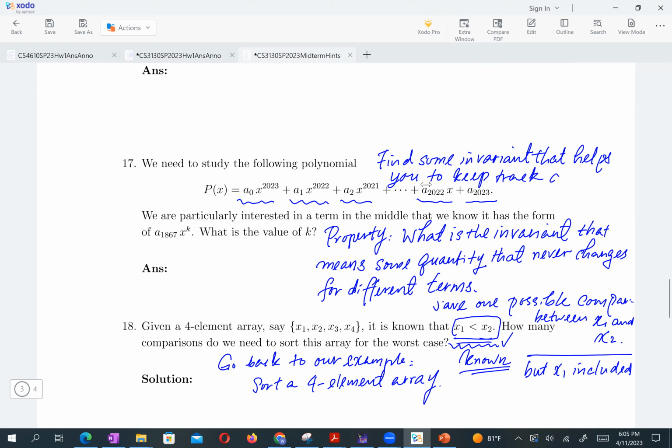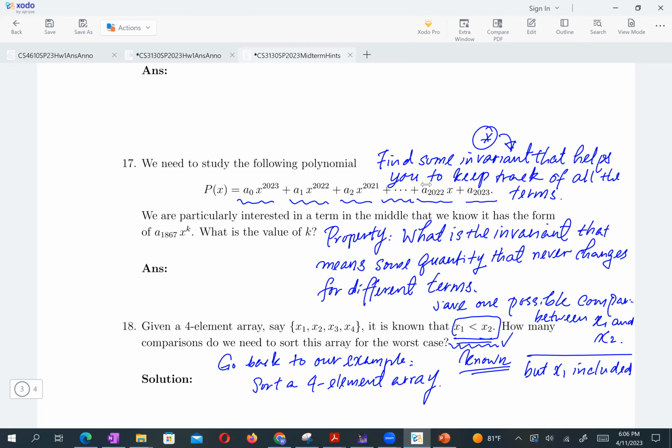Because here, there are many terms missing in the abbreviation sign, right? So we need to keep track of them. How do we keep track of them? This invariant idea can help us keep track of all those missing terms. That's the basic idea. If you can find that rule, you apply it, you can find the answer.